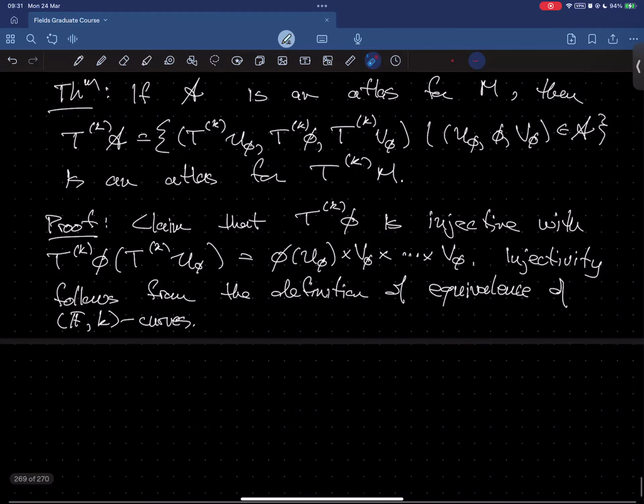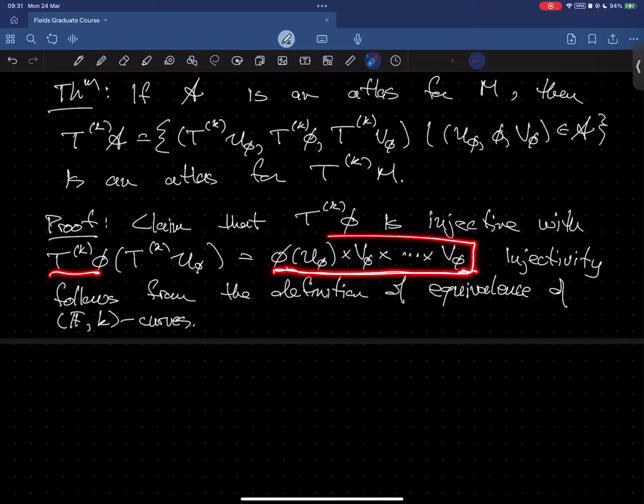All right, so showing that the image of T^k phi is all of this is again the same idea as when we looked at k equals 1, and that is for every point in here, you explicitly construct an equivalence class of curves which maps to that thing.